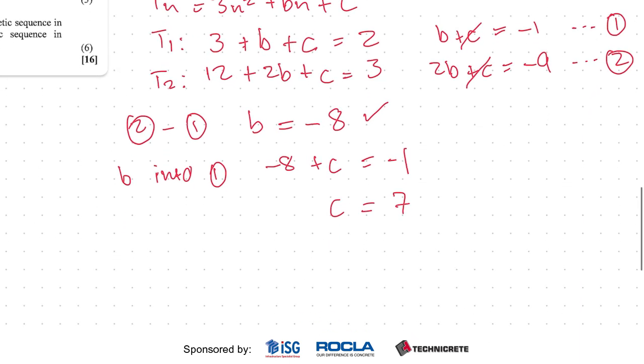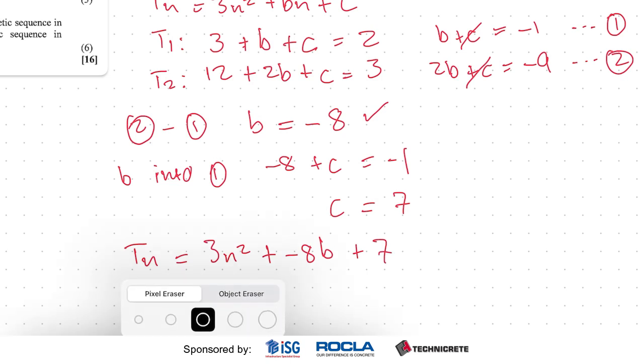Okay, now we rewrite the whole thing, right? So Tn equals, we said our A is 3, so 3n squared, plus our B, -8n, plus 7. And yeah, that's it.